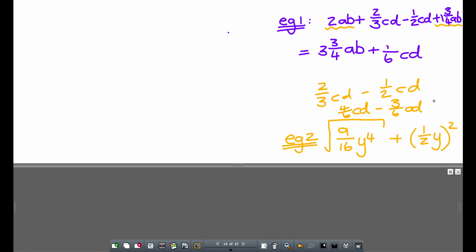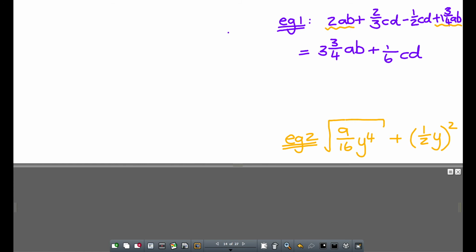Let me just delete that. Okay, so example 2 says square root of 9/16 y to the power of 4 plus a half y to the power of 2. Now, let's first sort out the square root. How many terms do I have inside that square root?